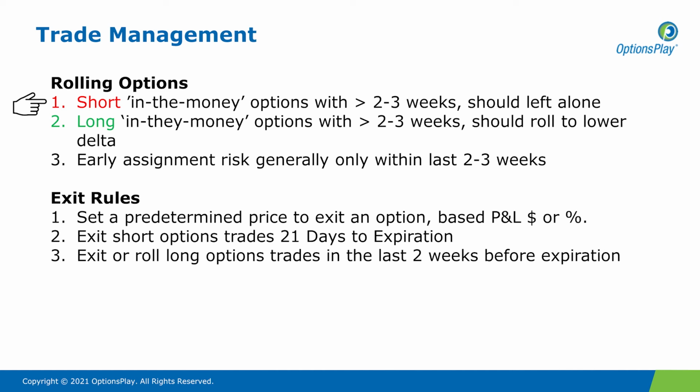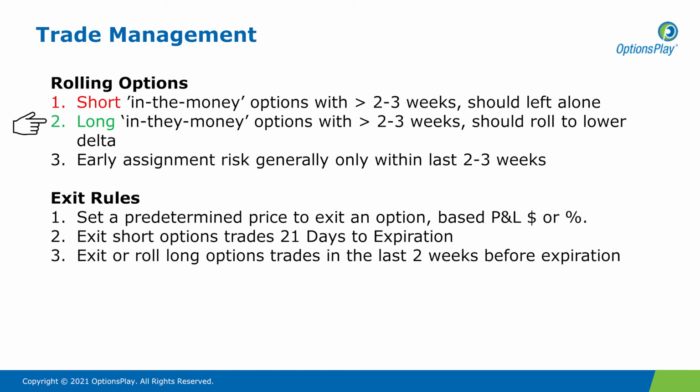So you always want to roll it to an out of the money option. So closing your in the money option and rolling it to an out of the money option, and vice versa. If you're long a call or a put in the money, again, if you're in the money in the last 2 to 3 weeks, this is also where you want to roll.